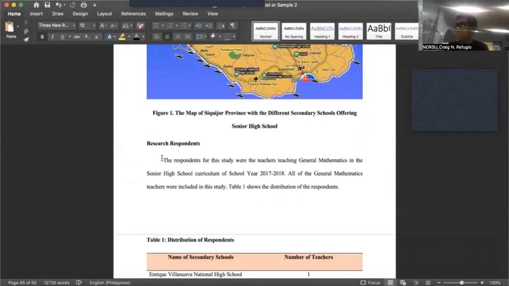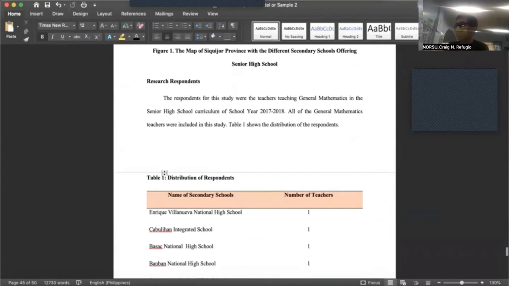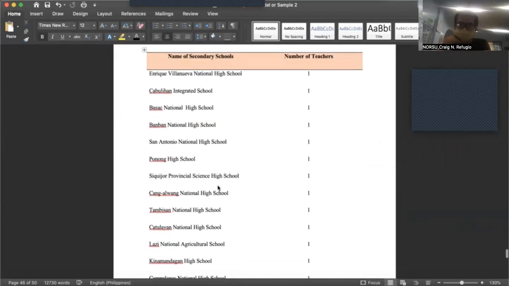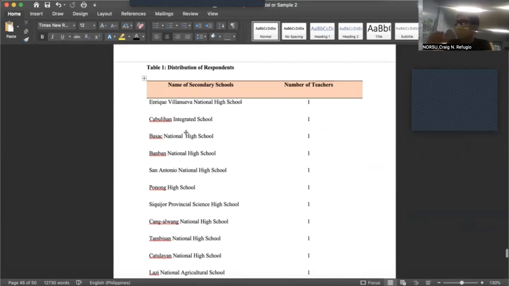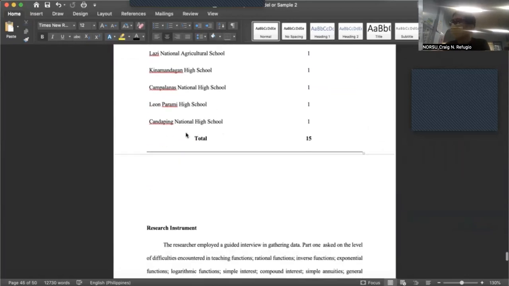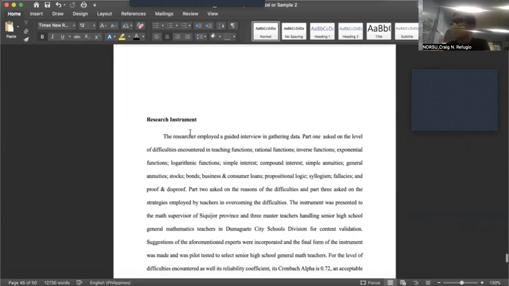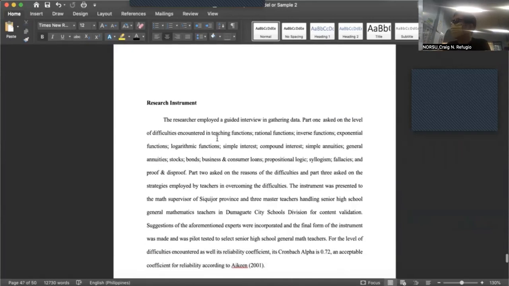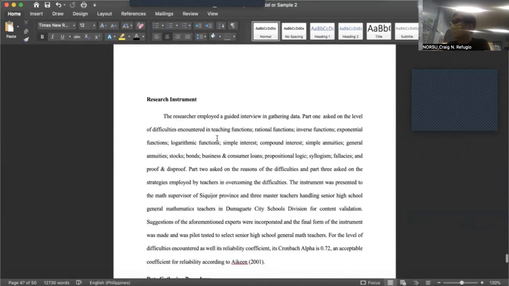Next, research respondents. So I want you to have a breakdown of your respondents. I want you to have also table 1, distribution of your respondents. So follow the format for table 1. Research respondents. Then research instrument. So the researcher employed a guided interview in gathering data.